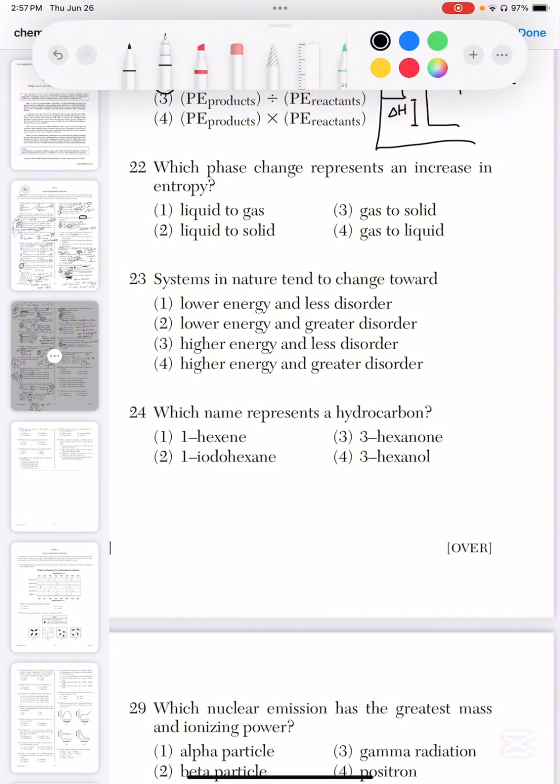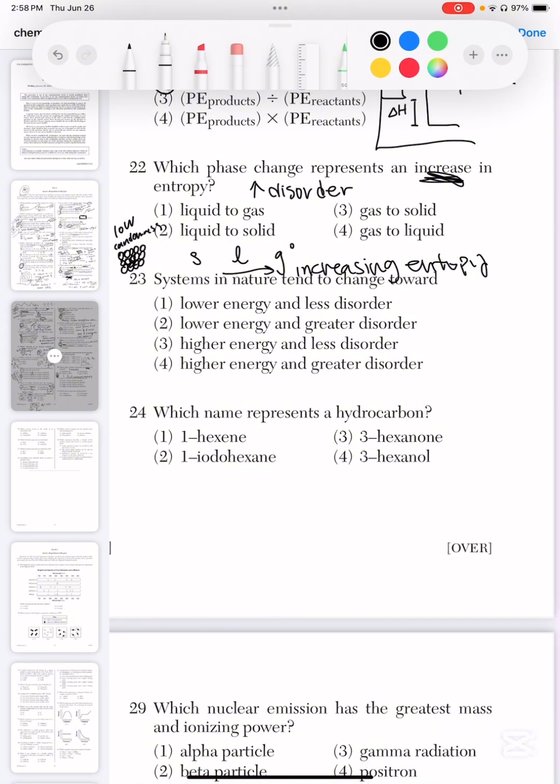Which phase change represents an increase in entropy? So increase in entropy means increased disorder. Solids have a uniform shape, they have a definite volume, so very low randomness.